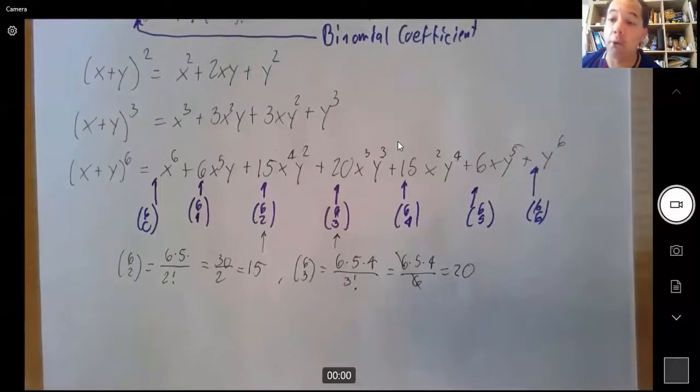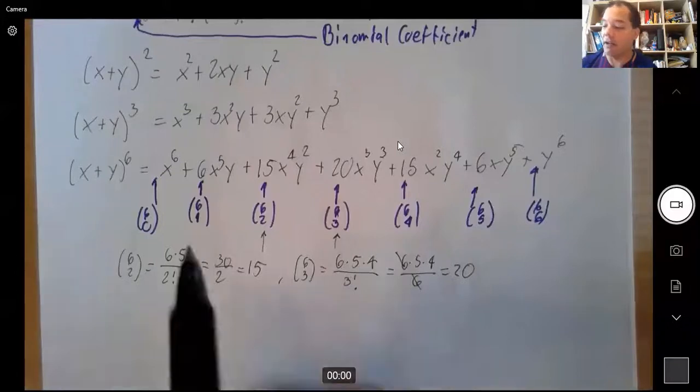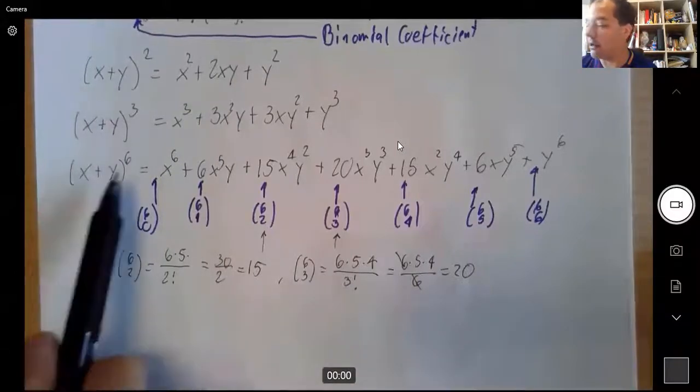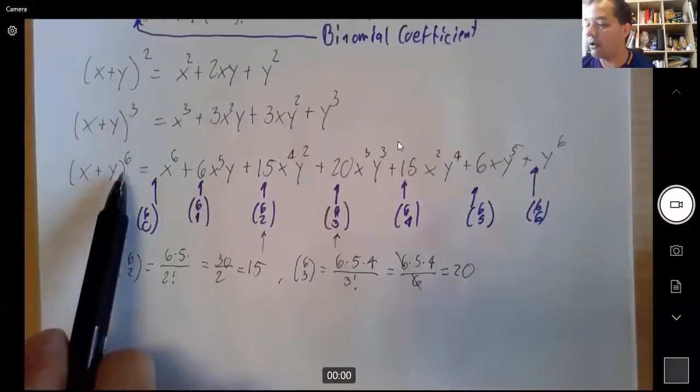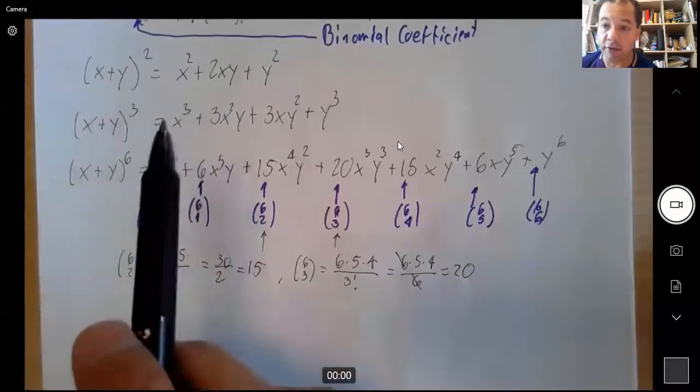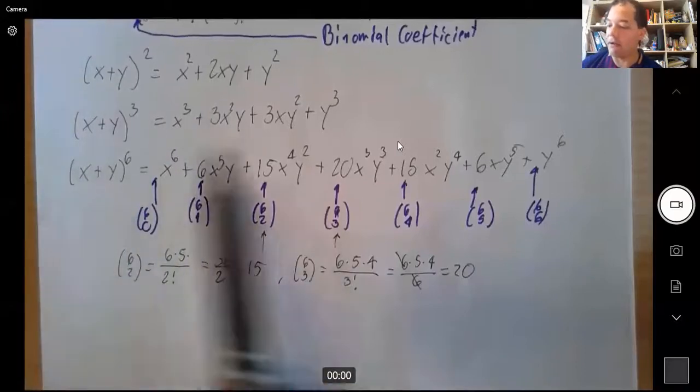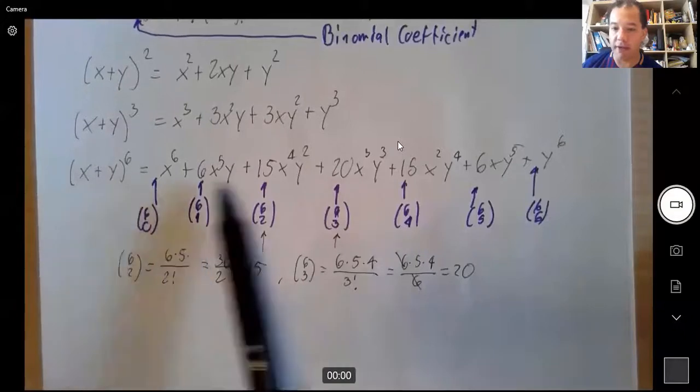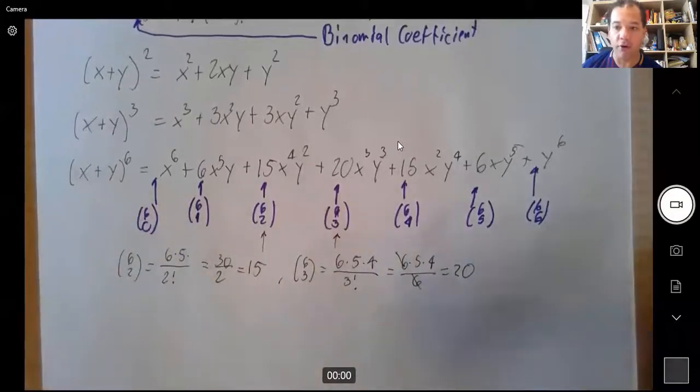And they are helpful when you want to take some number and raise it to a power, right? Like in this case, binomial, and I wanted to raise it to the 6th power, or to the 7th, or to the 8th, or to the 10th, right? Now, if I do it to the 10th, the only problem is that I get more terms here, right? This keeps going on. Now, here's the nice thing.